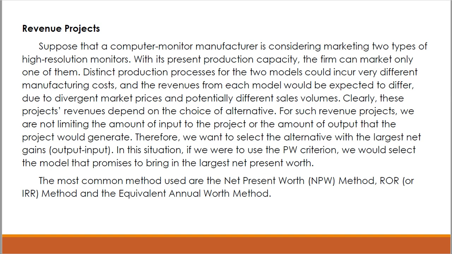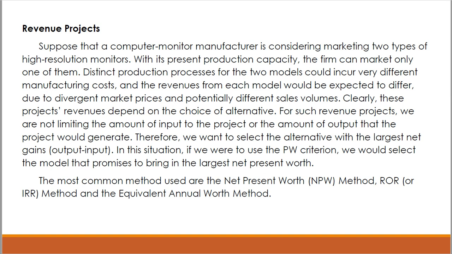So we have an example here. Suppose that a computer monitor manufacturer is considering marketing two types of high resolution monitors. With its present production capacity, the firm can market only one of them. So it's a choice between the two types of monitors.